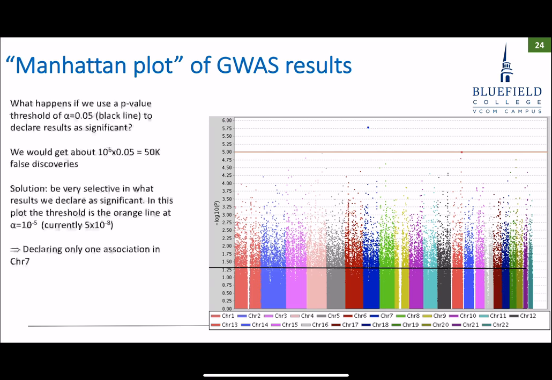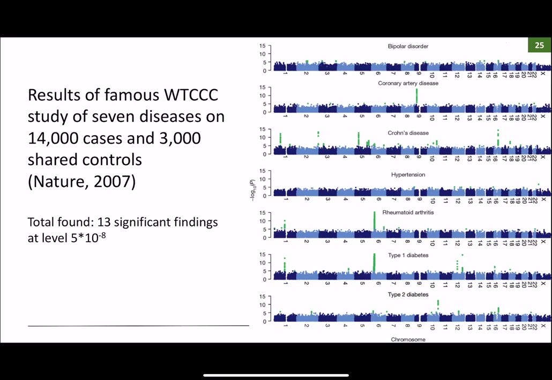I mean, it was a large experiment. It resulted in only 13 significant findings at the stringent level of 5 times 10 to the negative 8. You can see those as these green spikes here for these disorders.